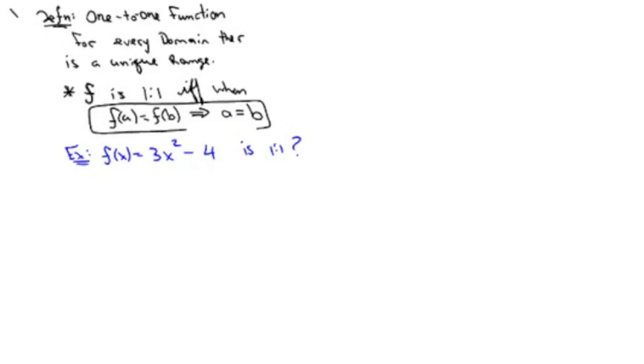Is it one-to-one? So how do I use that little box to prove that that is either A, one-to-one, or B, not one-to-one? Use it directly. Assume that there is such a place as f(a) is equal to f(b).